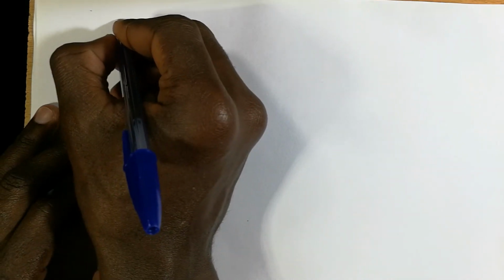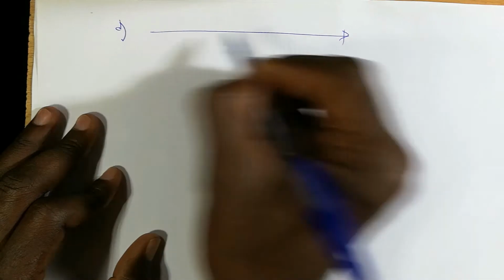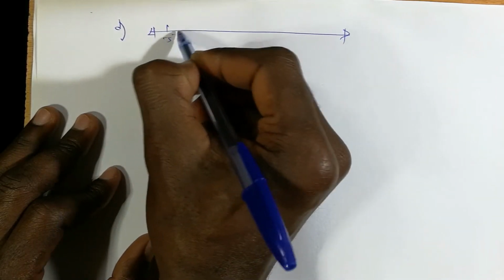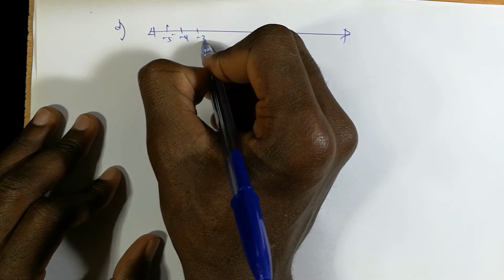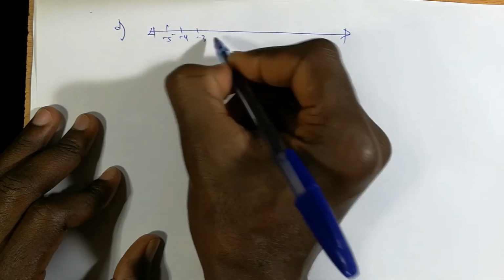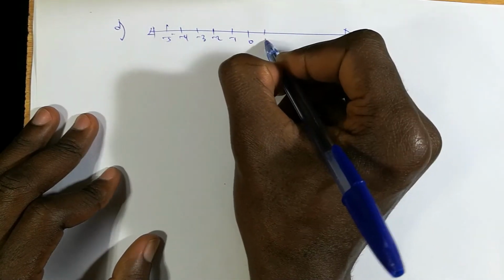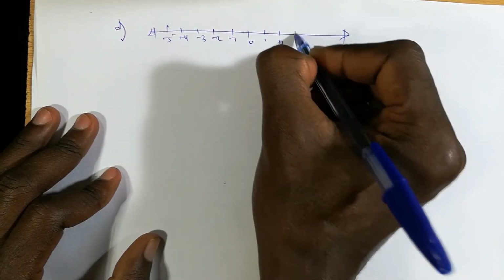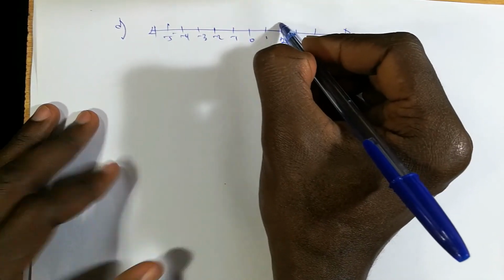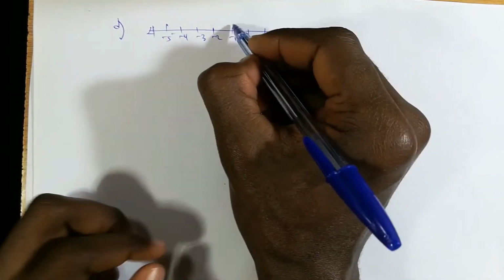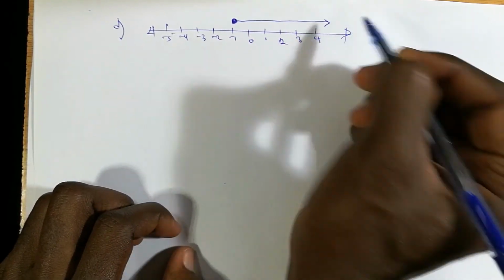Let me say D. You have -5 here, -4, -3, -2, -1, 0, 1, 2, 3, 4, and they put, let me say, a closed circle on -1 and stretching to the other side.